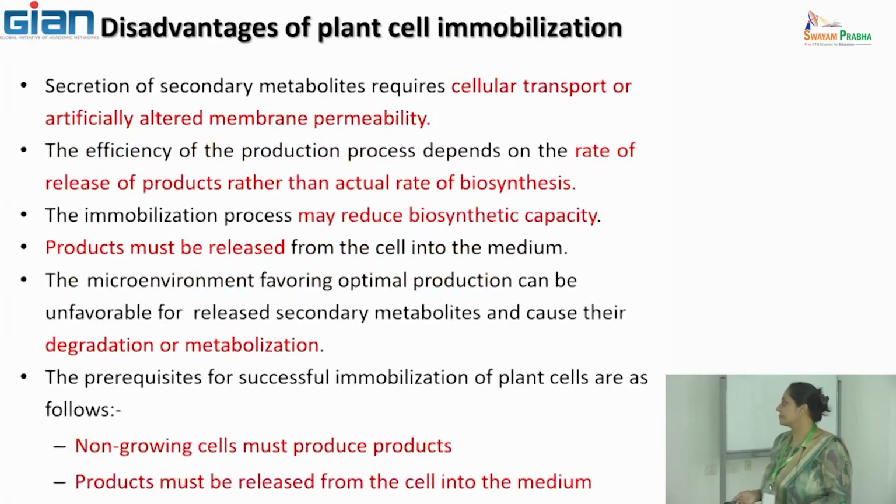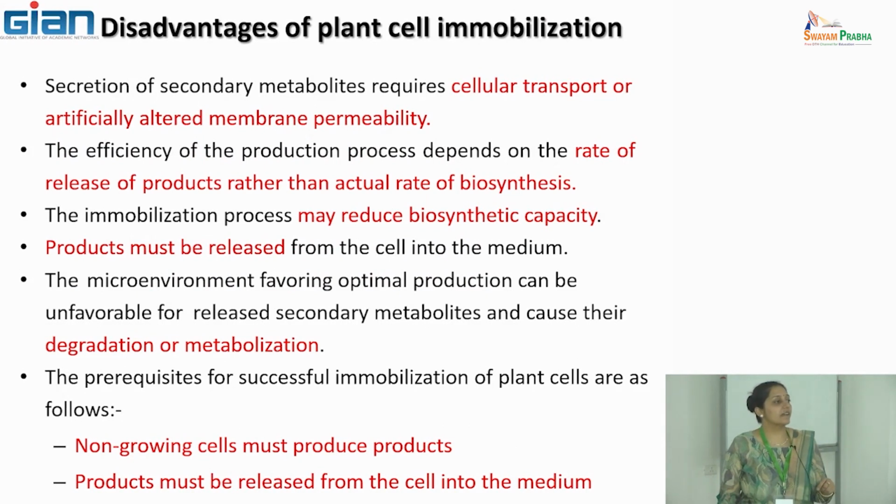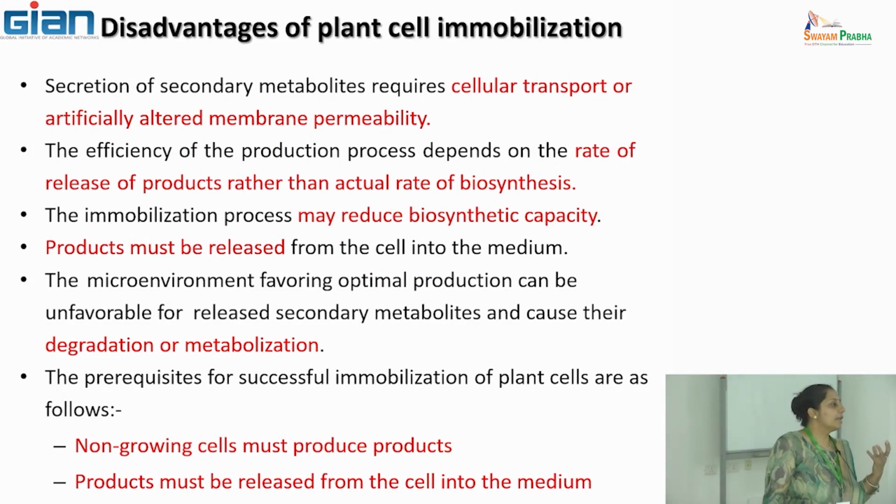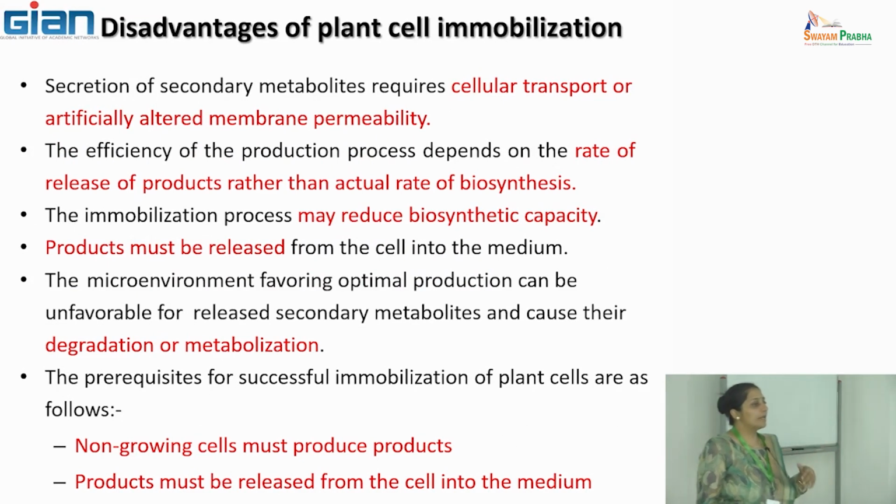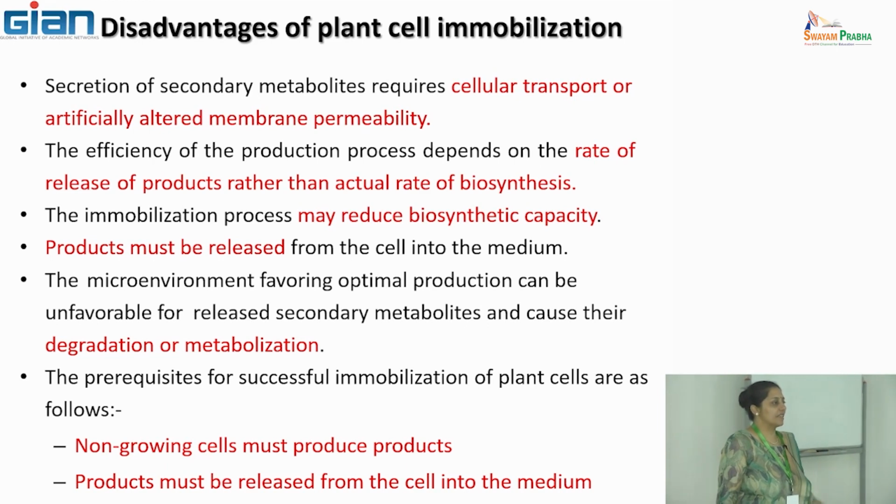There is no direct comparison between free cell suspensions and immobilized systems, their reactor designs are completely different. Sometimes, because plant cells are relatively shear sensitive, immobilizing them is also an advantage to keep them away from the shear effects of the hydrodynamics present in the reactor systems.